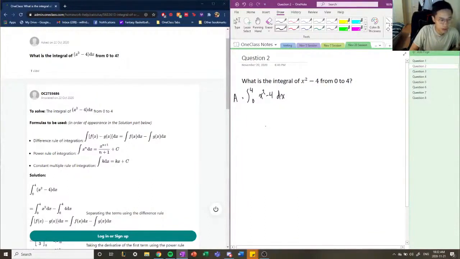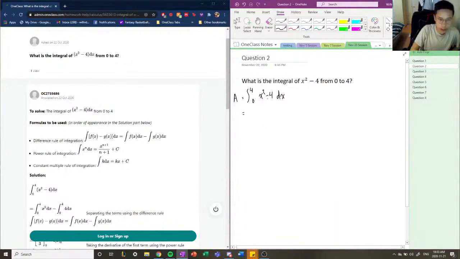They listed out the difference rule of integration, which suggests that the integral of two functions that are subtracted from each other can be split up. It's kind of like a distributive property. They also suggested that we use the power rule of integration, which pertains to how to integrate variables with exponents and powers. And finally, they suggested that we use the constant multiple rule of integration, which tells us how to integrate constants. Okay, so we're going to use those rules.